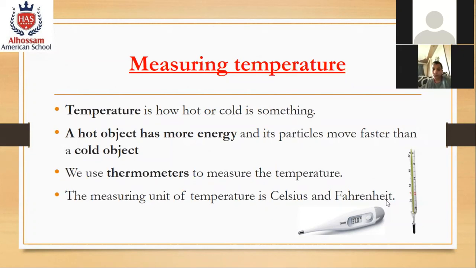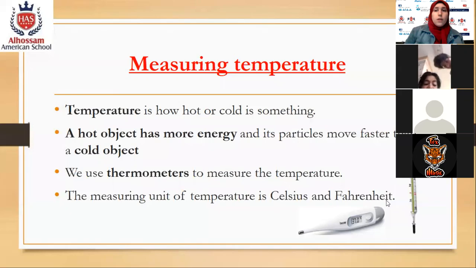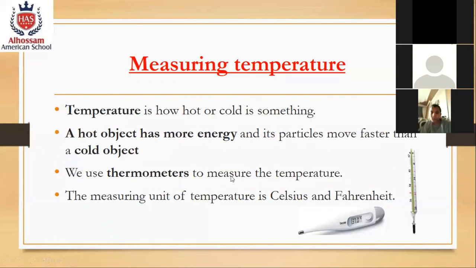If it has high temperature, which is hot, the particles move faster than when the temperature is low, which is cold. So a hot object has more energy and its particles move faster than a cold object. We also said that thermometers are used to measure the temperature, and temperature is measured in Celsius and Fahrenheit.